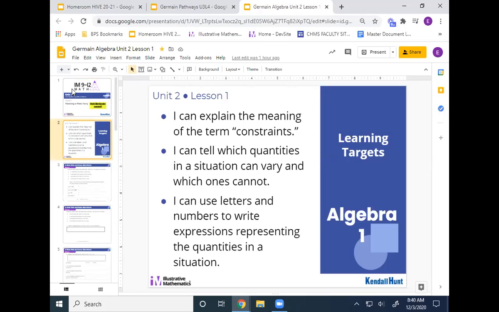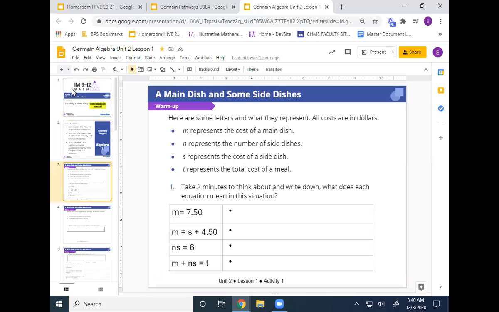Okay? So if we look at our warm-up for the day, it's called a main dish and some side dishes. Here are some letters and what they represent. All costs are in dollars. So M, in these expressions, represents the cost of a main dish. N represents the number of side dishes that they buy.